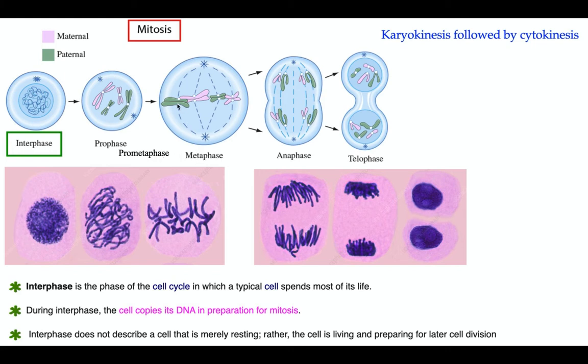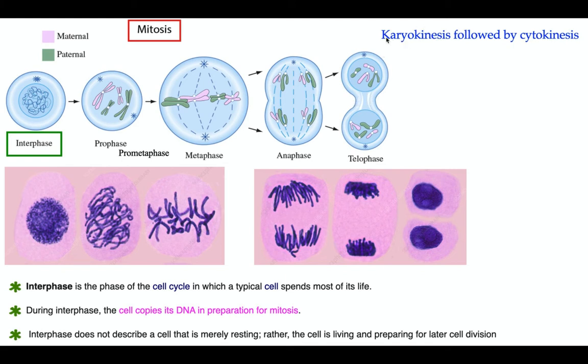During metaphase, the chromosomes, or here chromatids, assemble in the equatorial plane, the middle of the cell. And during anaphase, the chromatids travel towards both ends of the cell.